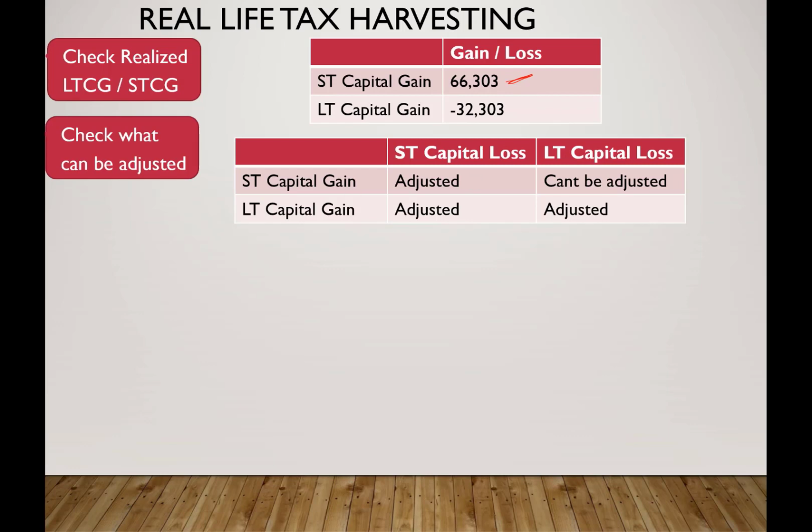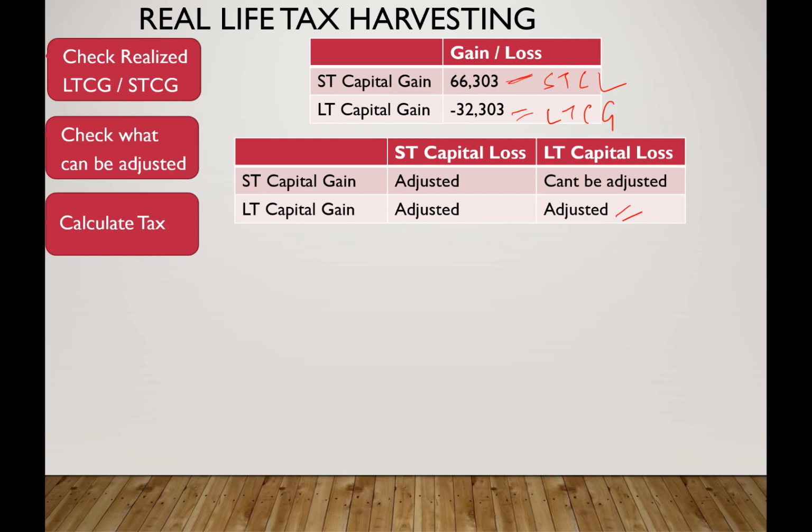So I should have some short-term capital loss to adjust this. On the other hand, I have a long-term capital loss, and long-term capital loss can be adjusted only against long-term capital gain. So I should have a long-term capital gain to adjust this particular loss here. Clear? Move on to step number 3.